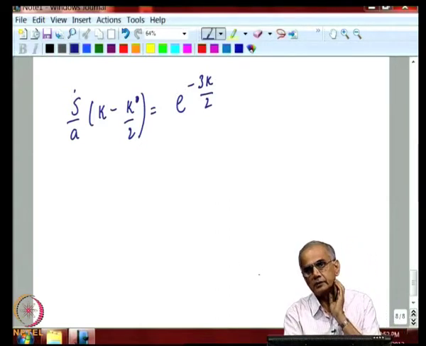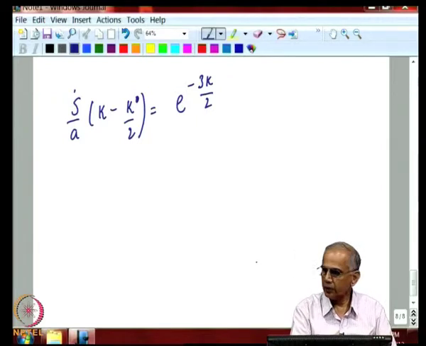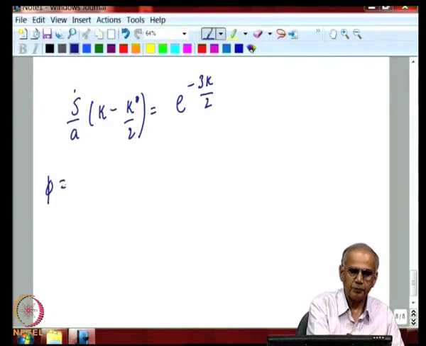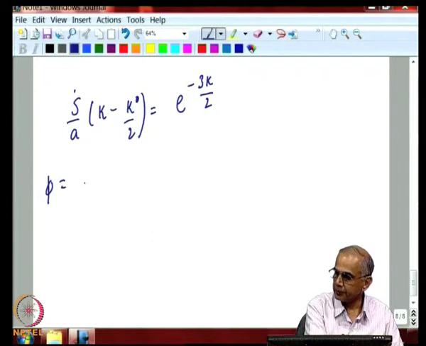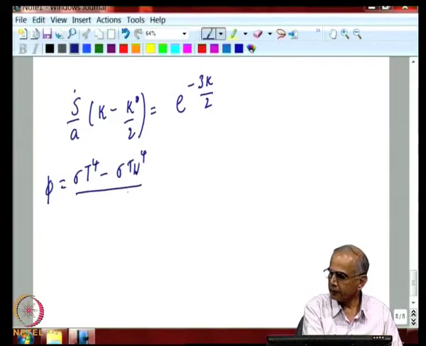The right hand side is essentially same as before, except that we will define our phi. So, phi we should recall is to be defined in this case, because the two walls are at the same temperature. So, we are going to define phi as T1 to the power of 4 minus T wall to the power of 4 divided by S dot by a.